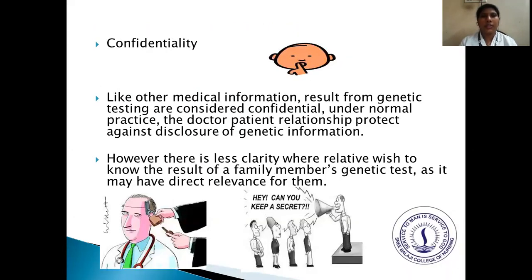Then confidentiality is very important for genetic testing. Like other medical information, results from genetic testing are considered confidential. Under normal practice, the doctor-patient relationship protects against disclosure of genetic information. However, there is less clarity where relatives wish to know the result of family members' genetic tests, as it may have direct relevance for them.